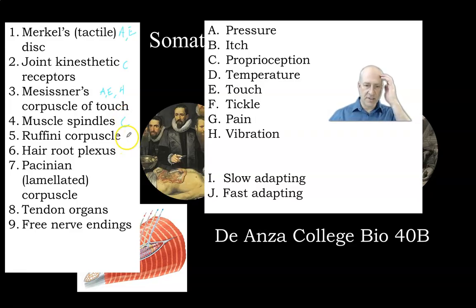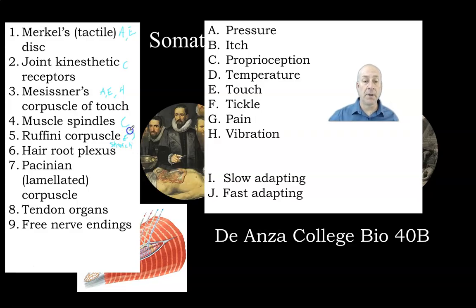Ruffini corpuscles. They do pick up touch, but Ruffini corpuscles can actually pick up stretch. We talk about stretch as being really important in where? In the viscera, right? Picking up the stretch from the interoceptors or the visceral receptors, picking up the stretch of a blood vessel, of the walls of your gut, your stomach, your intestine.